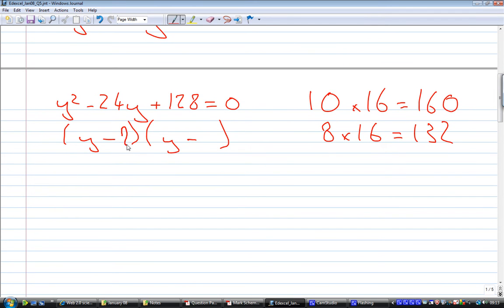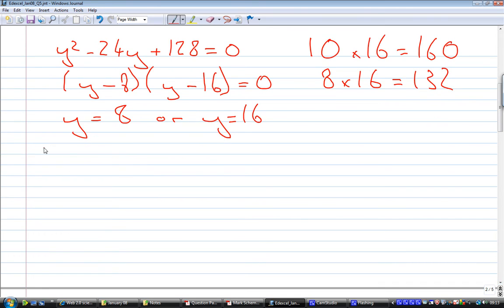So we're going to have 8 there and 16 there. This equals 0 again. This is going to give us y equals 8 or y equals 16.